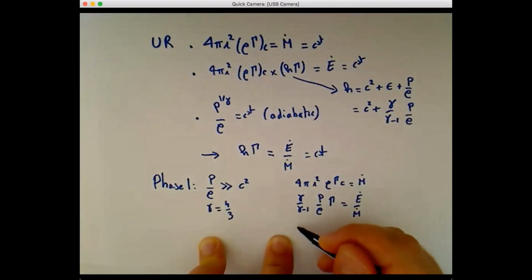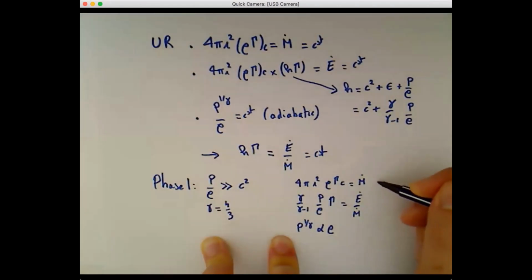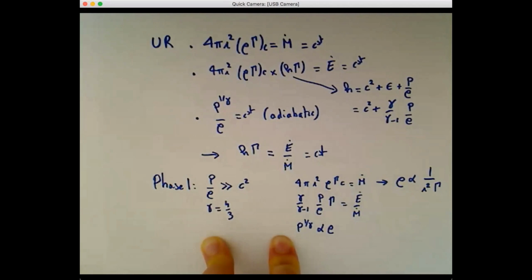And I still have P over rho to the gamma proportional to a constant. From the first equation, I can get the dependence for the density. The density is proportional to 1 over the square of the radius times the Lorentz factor. Then from the third equation, I can get the dependence for the pressure. It's the same as rho, but to the power gamma.